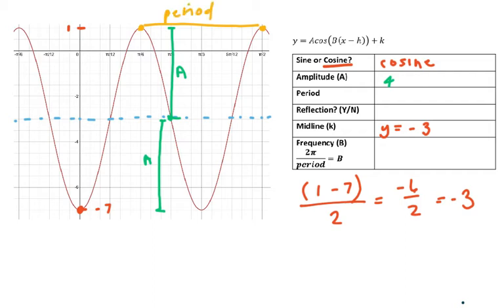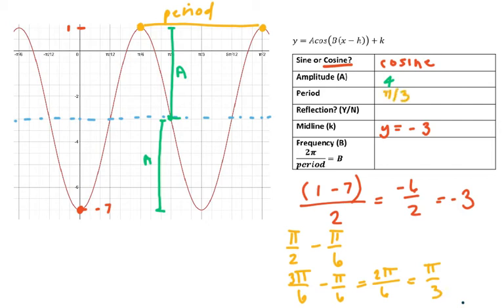To find the distance, we're going to take the second point, pi/2, and subtract the first maximum of pi/6. If we rewrite pi/2 as 3 pi/6 and subtract pi/6, that's going to give us 2 pi/6, or pi/3. So the period, the length of one cycle of our curve, is equal to pi/3.